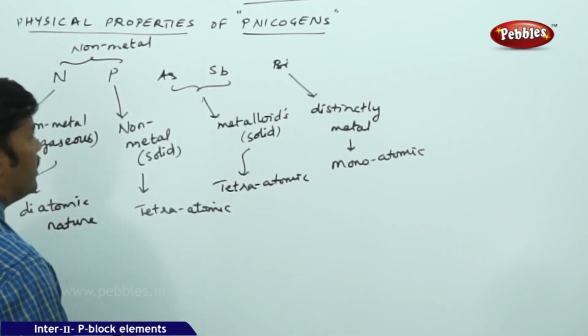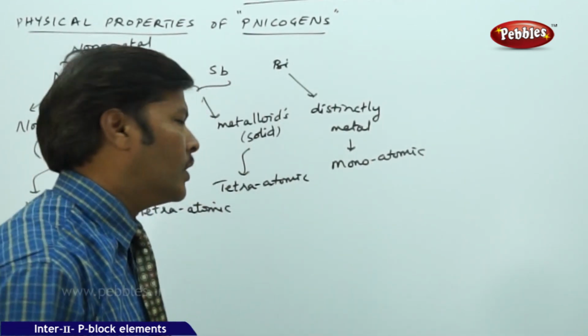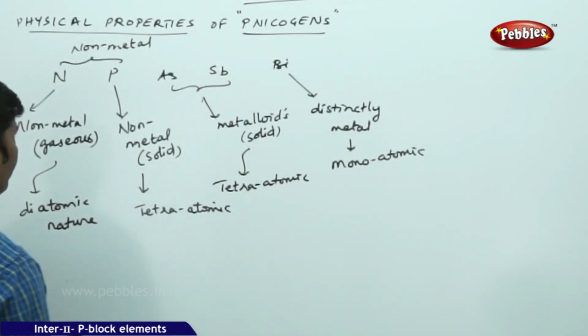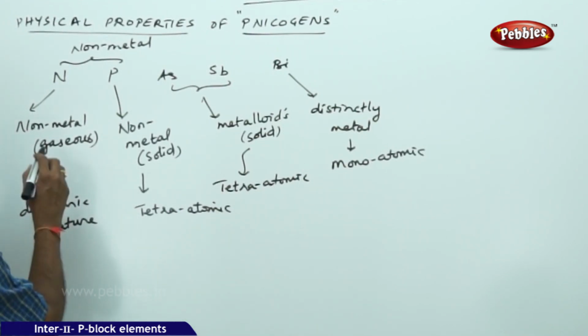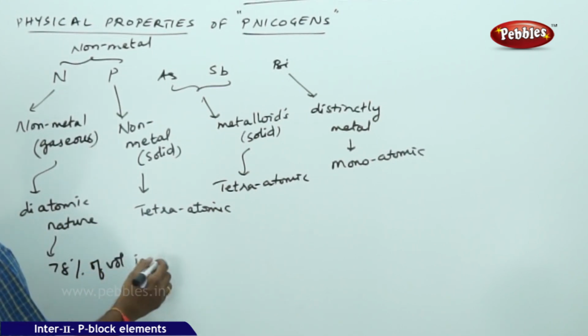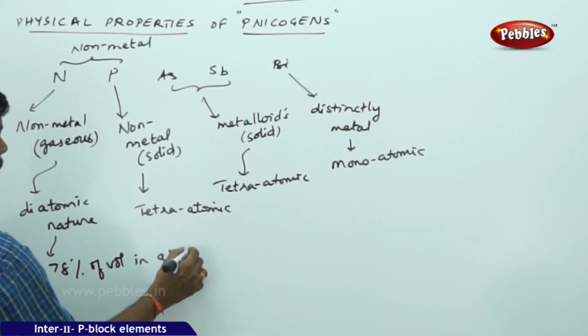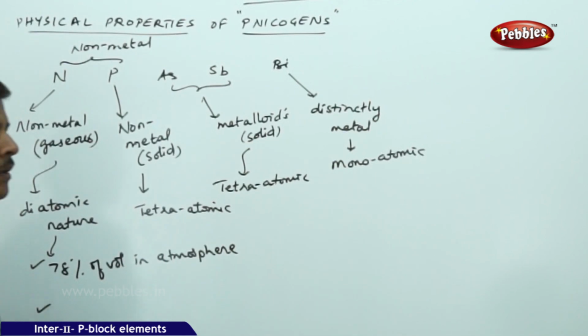Because we are speaking about their atomicity and their nature, I can say that nitrogen occupies 78% of the volume in the atmosphere, and this nitrogen is available in different mineral ore forms.